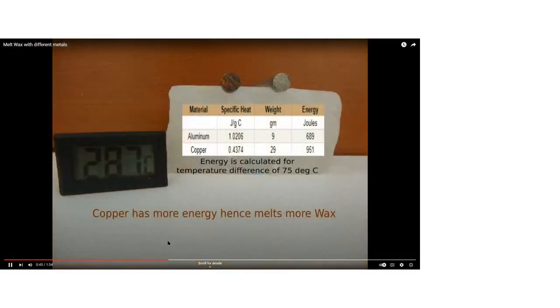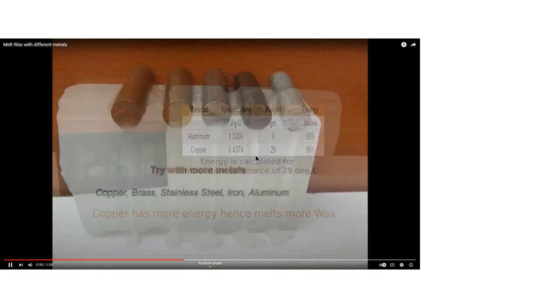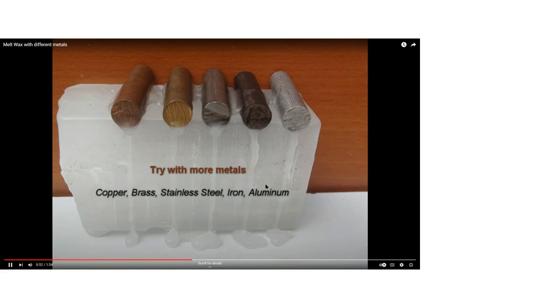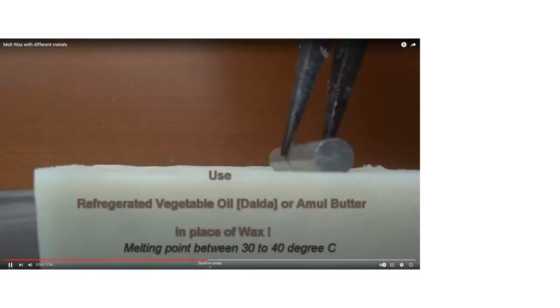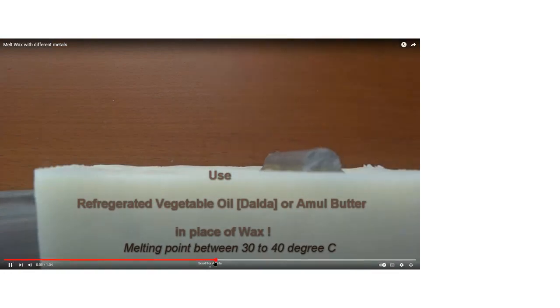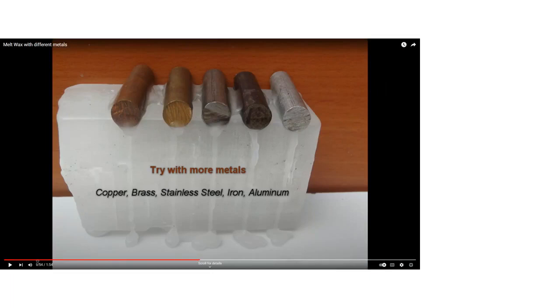So if we take a look at this, 689 joules for aluminum and 900 and so forth. Let me back this up a little bit. Okay, and pause a second.